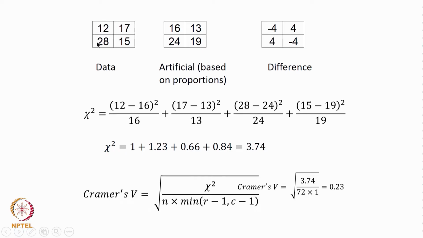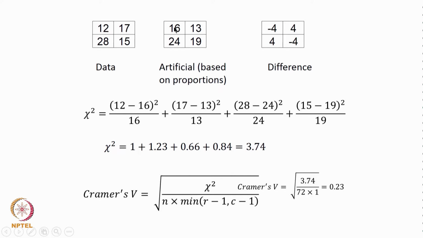So, we have data, and then we have these proportions which are calculated, and then we find the difference, and in this case the difference happens to be minus 4, 4, 4 and minus 4. We now calculate a number which is called chi-square, which is given by 12 minus 16 the whole square by 16.